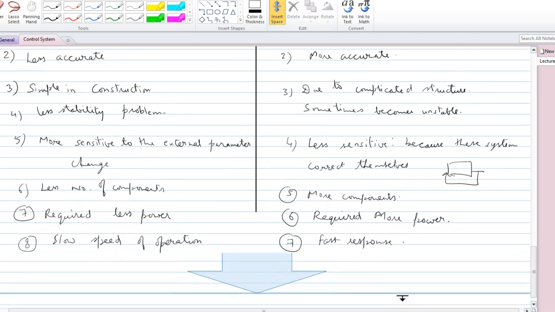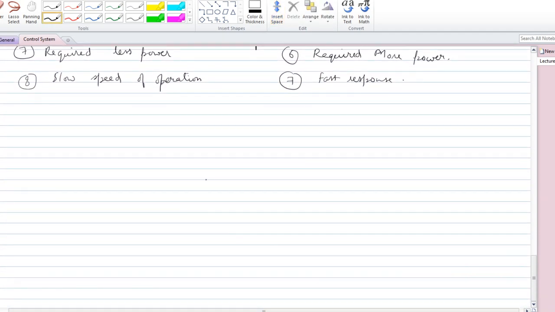Okay, now take an example. If you are driving a car here, and it does not have any speedometer, then what will happen?